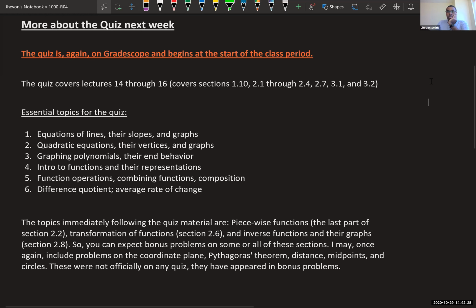Will we be provided graphs, or do we need to sketch our own graphs? It's a quiz, so you won't have to sketch your own graph, but you should know how to sketch it. I'll either give you a graph and you'd have to identify the equation, or vice versa.